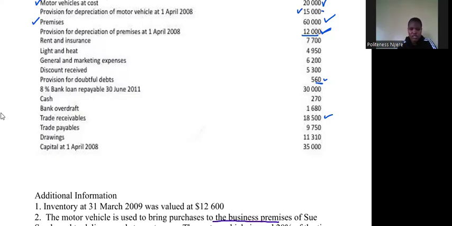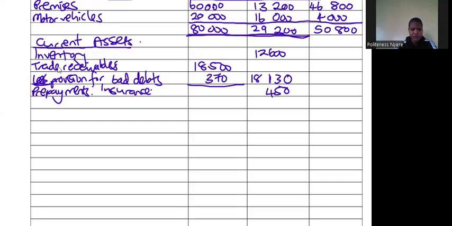So now we're going to write cash 270. I think basically those are the things that we have to incorporate under the current assets.